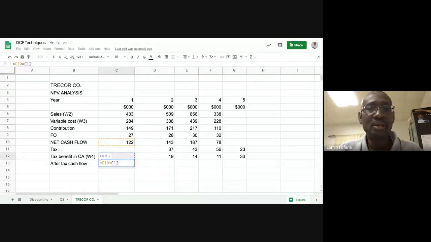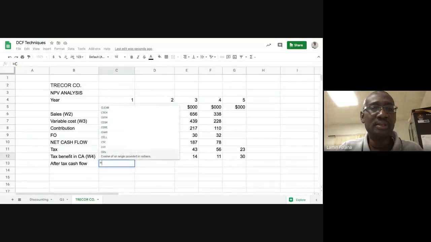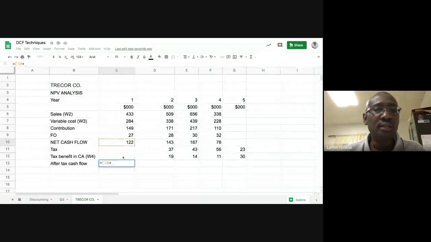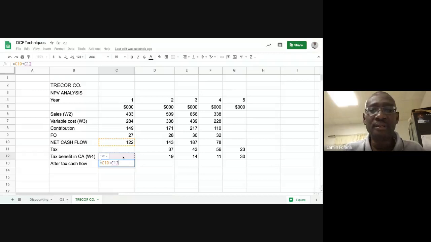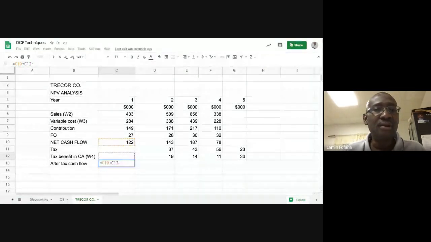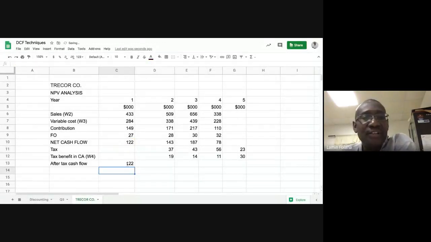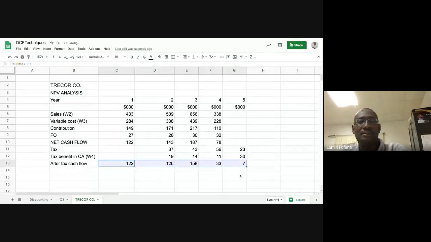Okay, let's put it this way, sorry. Say equals the cash flow here. We add it to the tax benefit and we less it from the tax. The tax benefit is an inflow, and we just duplicate.